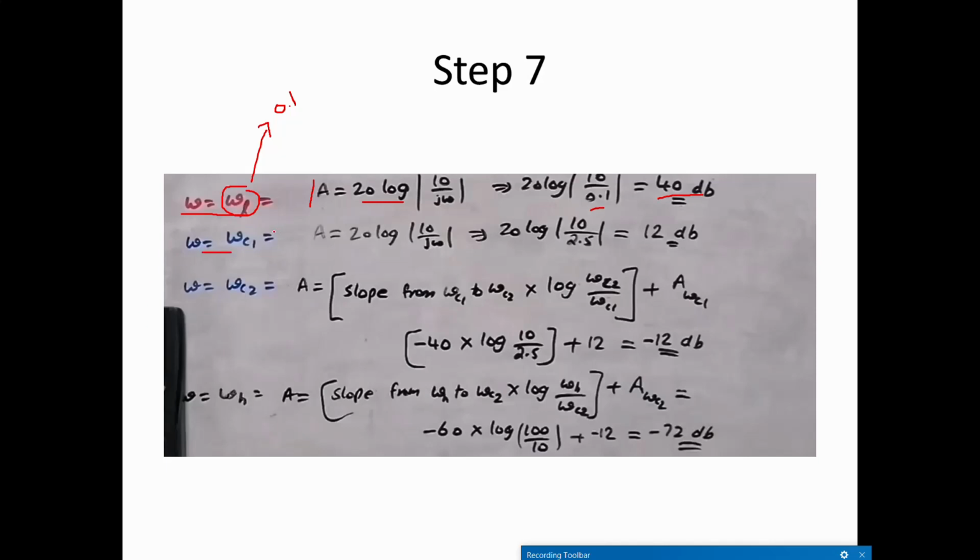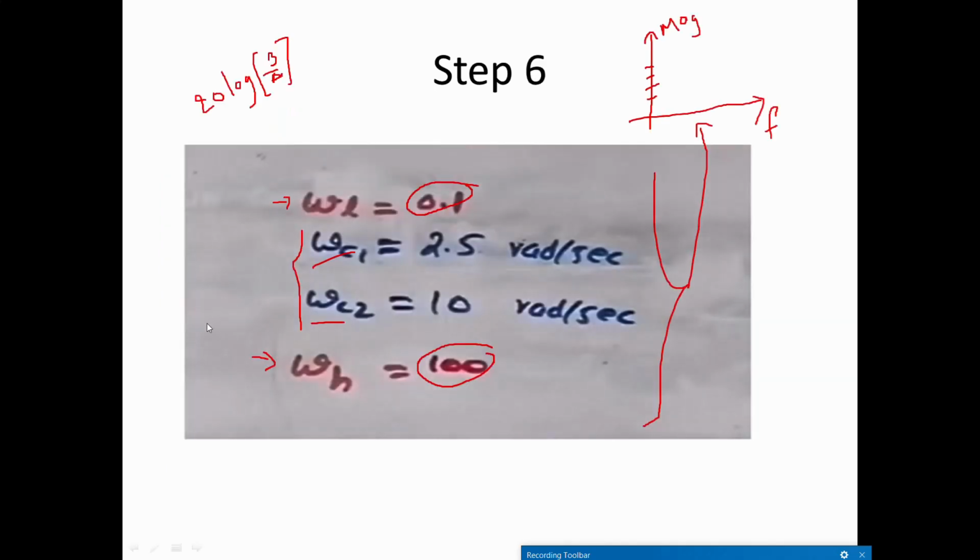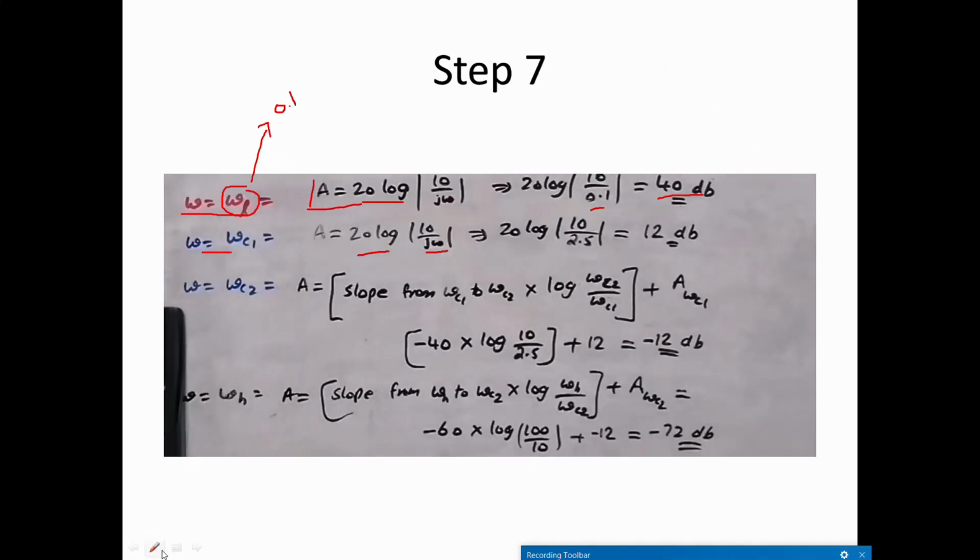To find the magnitude for omega c1, again we use the same formula, 20 log of 10 divided by j omega. Omega c1 we have found is 2.5. So 10 divided by 2.5, and it is 12 dB.